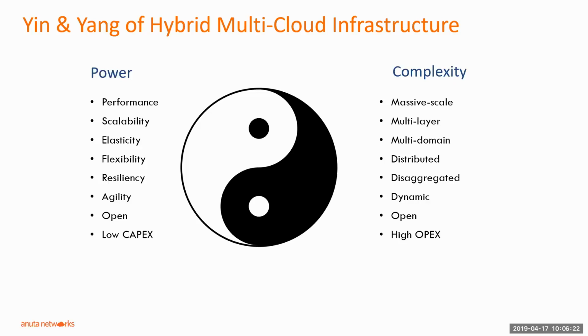And the whole thing is very dynamic. So there's a lot of complexity, and that translates into cost. And that's what this webinar is all about: how can we tackle this complexity? And one of the real fundamental keys here is automation. Next slide.